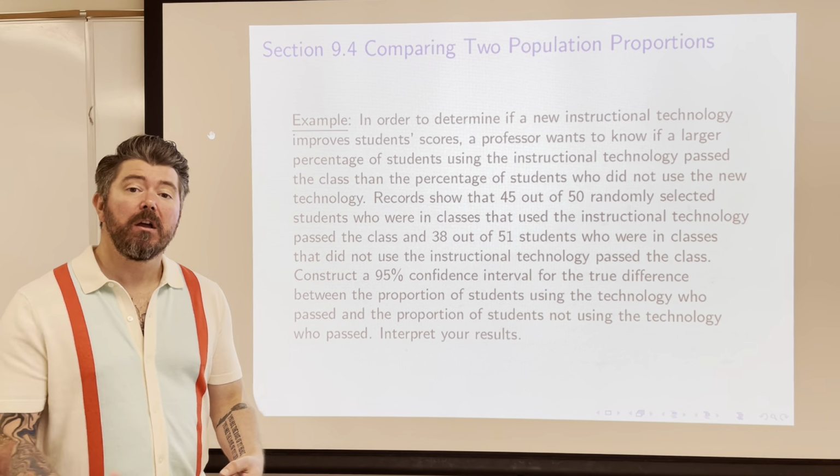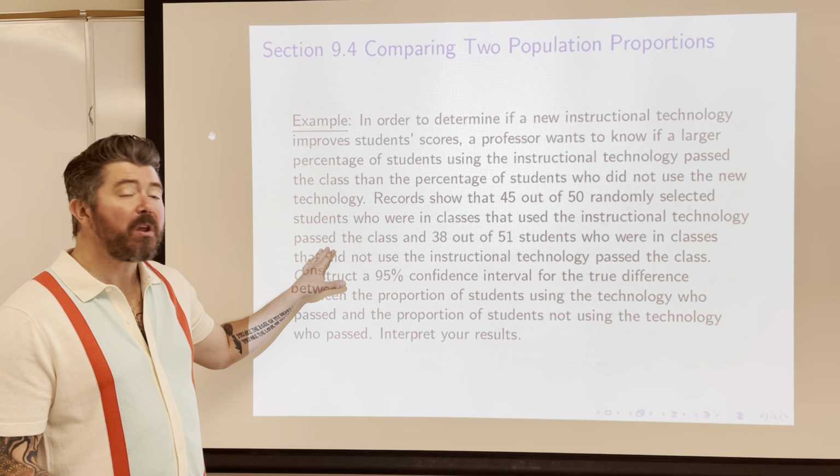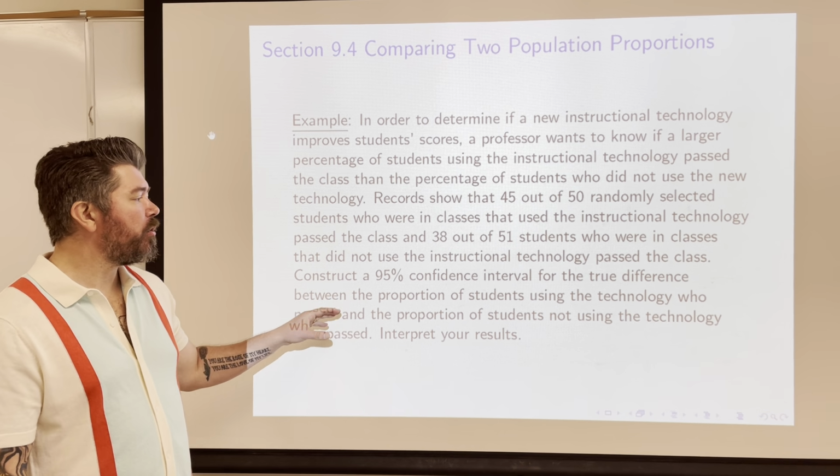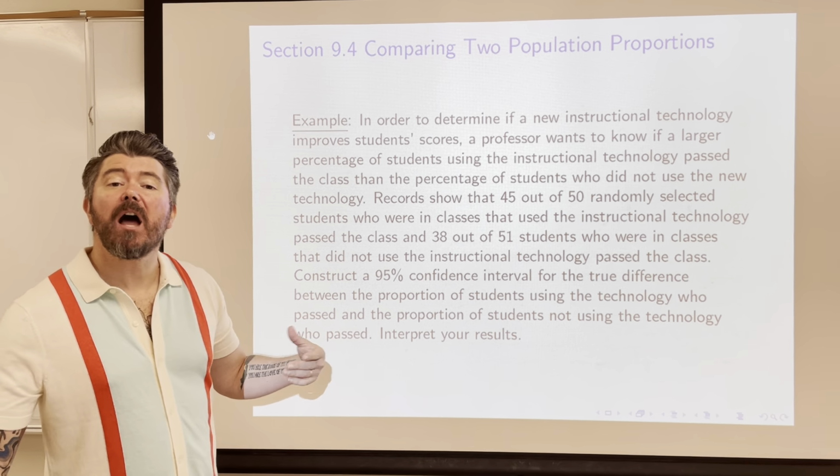If we look, we mention students who were in classes that used the instructional technology that passed the class. So our first group are the students that used the technology and passed the class. Our second group are the students that did not use the technology but still passed the class.